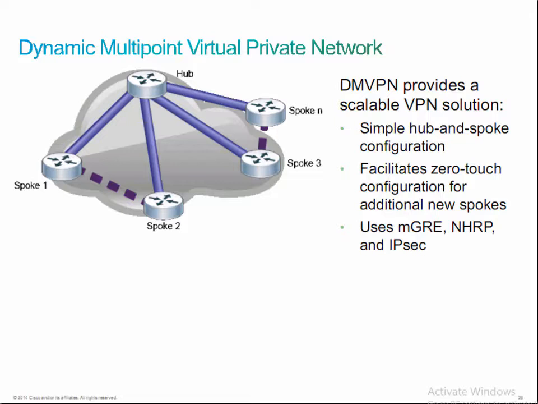They can be dynamically configured, and we'll talk about that in a second. The only thing that you have to pre-configure is the hub router. All the spoke routers basically just call home, register themselves with the hub router so they can have dynamically addressed endpoints. We don't have to use static addressing, and spoke deployments become a lot simpler because they just simply phone home, so to speak, and create this tunnel.